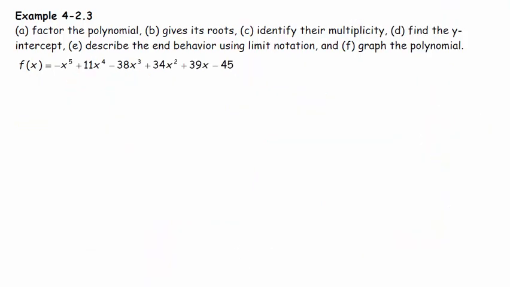Alright, now this example here is degree 5. So if it's degree 5, I'm going to potentially have to do synthetic division 3 times to pull out 3 roots before I get this down to something that's quadratic that I can factor using algebra. So my potential roots here are the factors of 45 over the factors of -1.